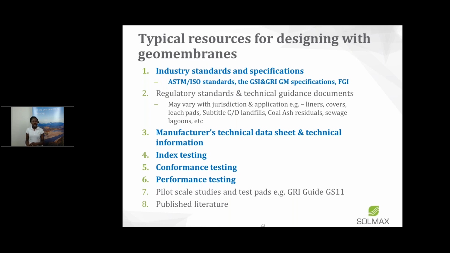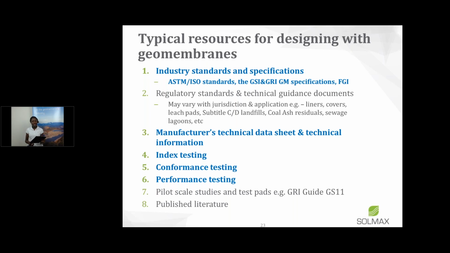The third resource is the manufacturer's technical data sheet and the technical information that we get from the manufacturer when we contact them. I'll talk about this more in a few slides. There's also index testing. Index testing is when you try to find the material properties of the geomembrane.